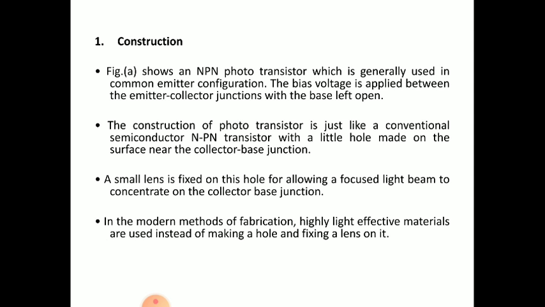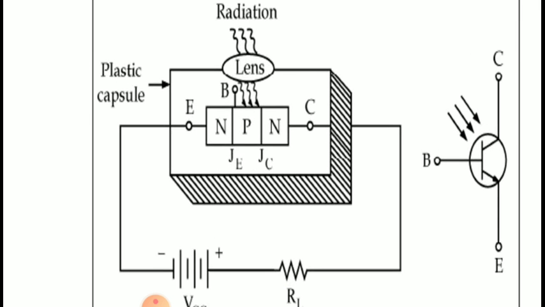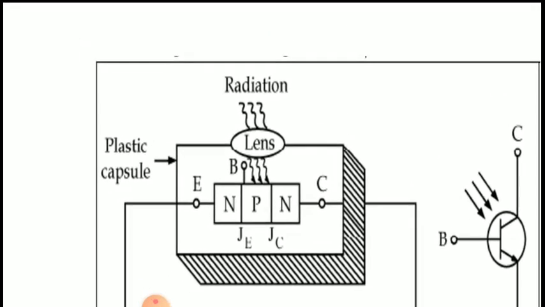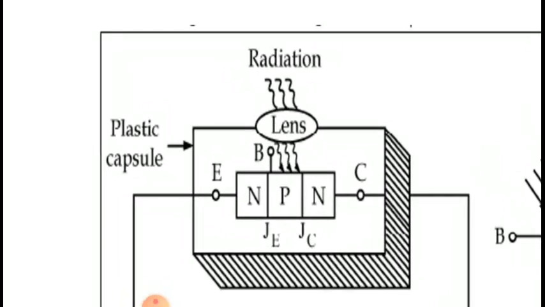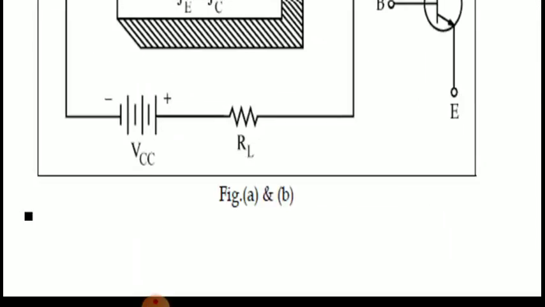The construction of a phototransistor is just like a conventional semiconductor NPN transistor with a little hole made on the surface near the collector base junction. Light is made to fall on the collector base junction. See the diagram, JC.